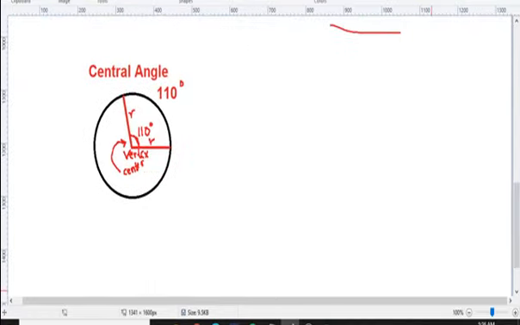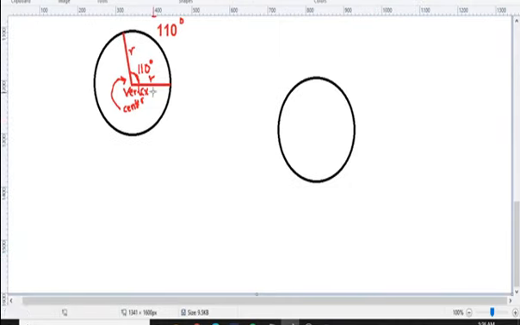Now we go to tangents and secants. Start with a tangent line. A tangent line is a line which intersects the circle at only one point.